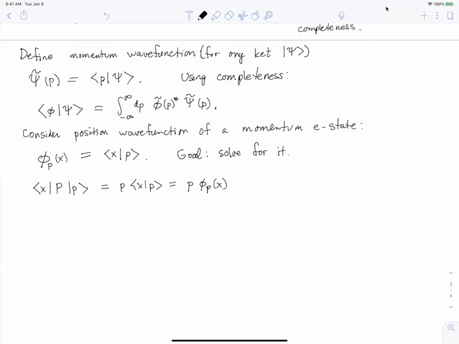Okay, but we also have another way of writing it, and that is by using completeness. As usual, completeness comes to the rescue. This time it's completeness in x, so I'm going to write an integral from minus infinity to infinity dx prime. I'm going to write down my x and my P, and then I'm going to insert my states x prime.